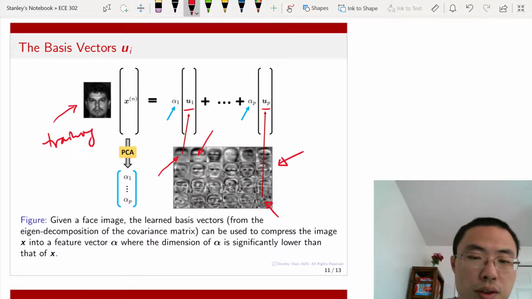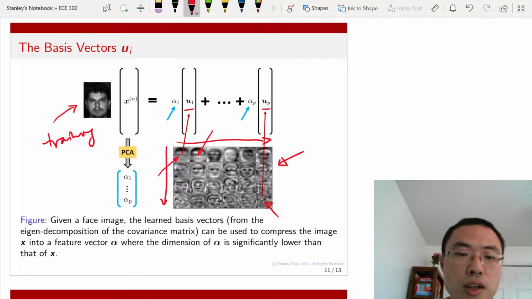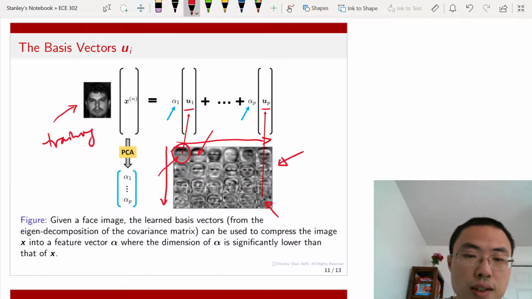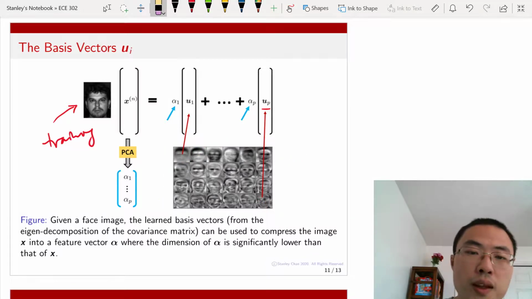So as you go from here to there, you are seeing more and more detailed textures as opposed to the top corner where you see some of the baseline signals. So this is the training set where you are able to obtain all the U's from the eigen decomposition of the covariance matrix.